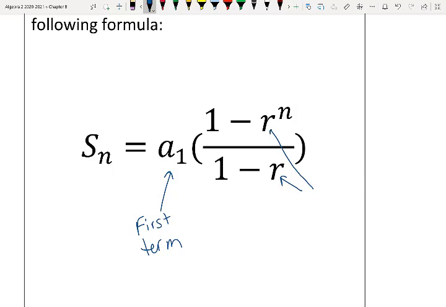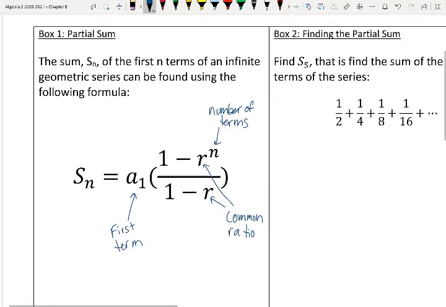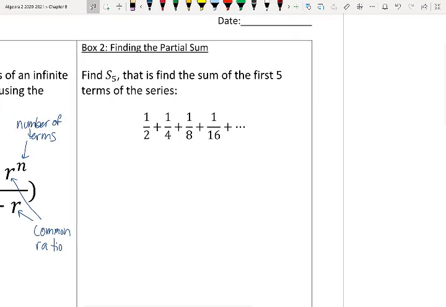R in both of these places is still my common ratio or my multiplier. And then n is the number of terms. So if we're finding the partial sum of the first 20 terms of the series, the 20 would be my n, my r would be the multiplier of the series, and a sub 1 is that first number in my series.